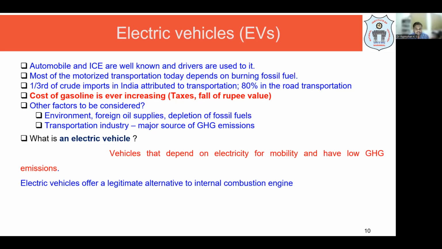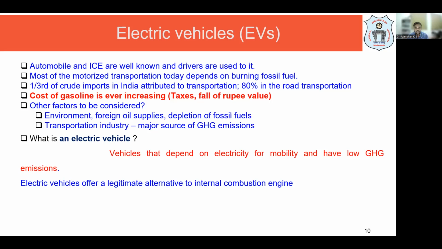And another factor we have to consider is the impact of this transportation sector, particularly vehicles which are using petrol and diesel. You have seen the case in Delhi, right? What air pollution is taking place? The government is trying to stop the use of 10 year old diesel cars, all that has been implemented, right? So we have to consider factors like environmental pollution.